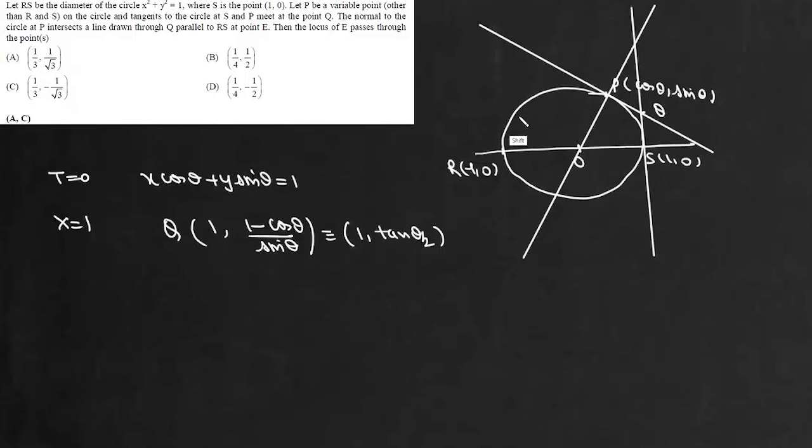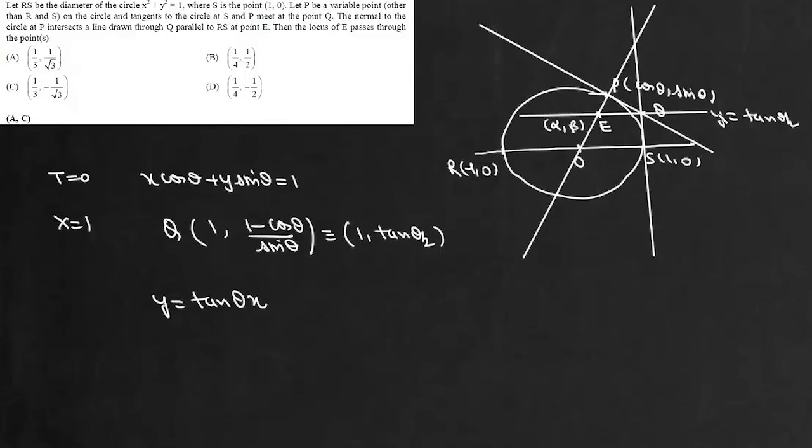So we have drawn a line at this point Q, and this line is y equals tan theta by 2, and it intersects at this point E, and we have to find locus of E. So this point is alpha, beta. Now the equation of OP is simply y equals tan theta x.